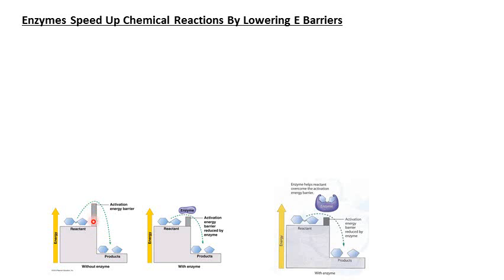We've got this wall we've got to get over, and so that wall is called the activation energy barrier, and it's the amount of energy that's really kind of needed to destabilize the reactant so it will become these two separate products. But look how high the wall is when an enzyme is not around.